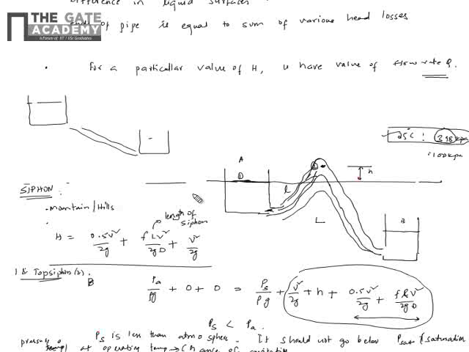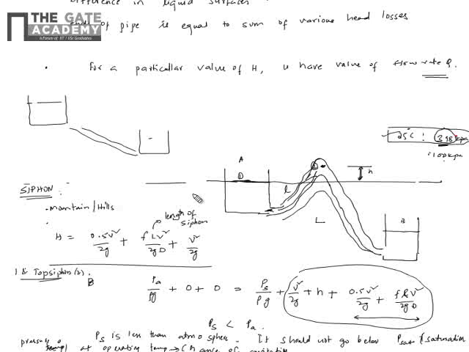So you have to always keep a cap on this height. The height shouldn't be so high that PS falls significantly below atmospheric pressure. In my example, falling from 100 kPa, PS of 70 or 80 is okay, but it shouldn't go to 3.98, because vapors will form and cavitation may occur. Cavitation has a lot of effects. It deteriorates the performance, and the wall surface will erode after some time.